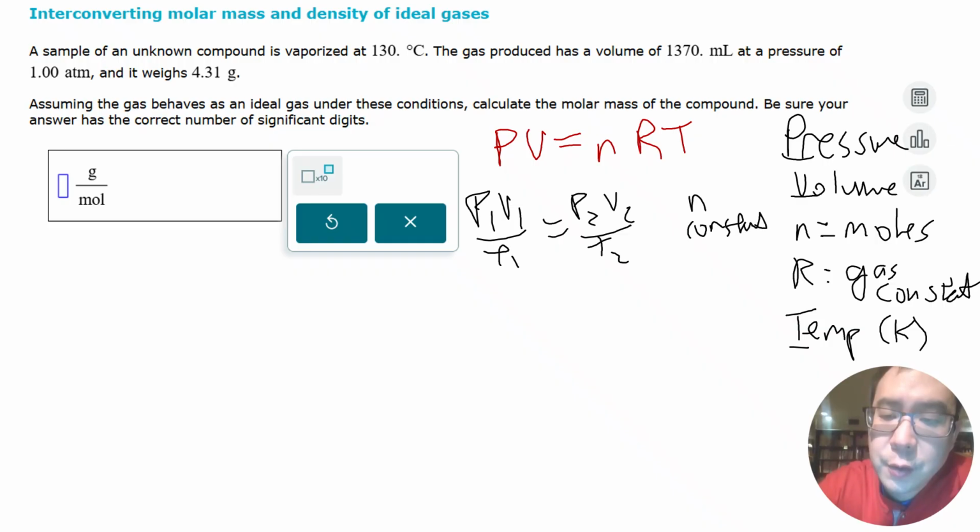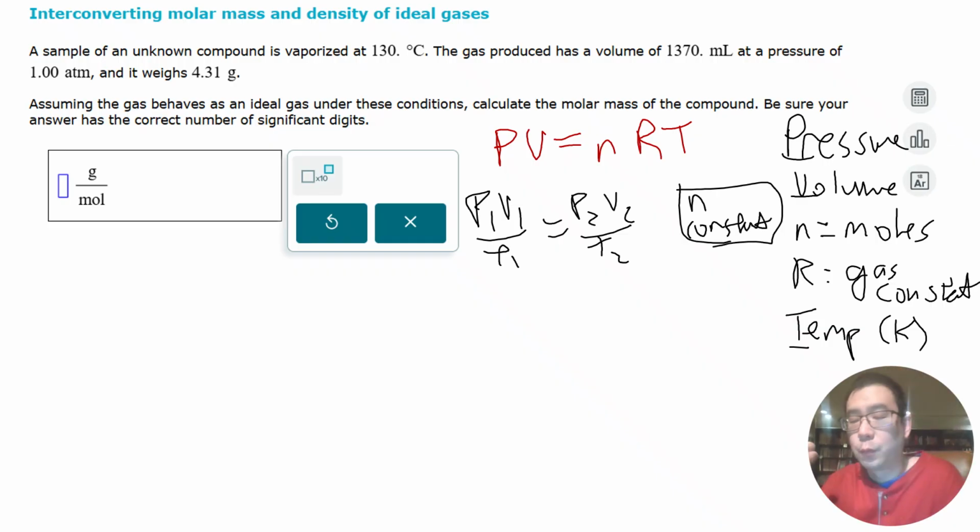When N is constant, that means basically we have one sample of gas, and that sample of gas is undergoing some changes, but nothing's being added and nothing's being taken away. If we have mixtures of gas, or gas being added or gas being taken away, we can think about Avogadro's law and partial pressures. I'm not going to review that here. You can review that in the 2015 YouTube videos if you want.